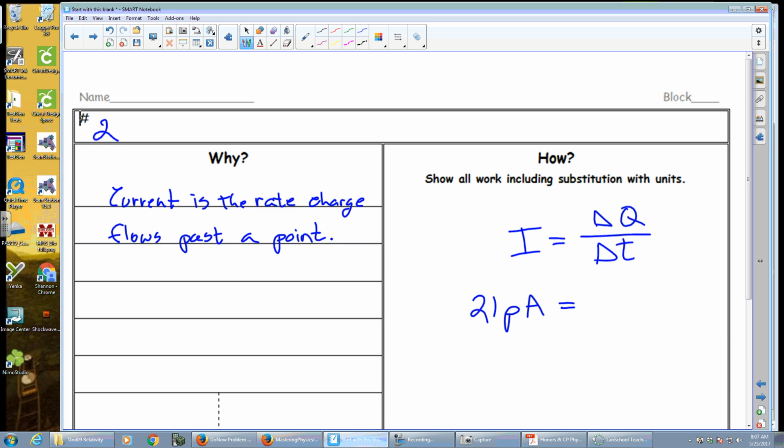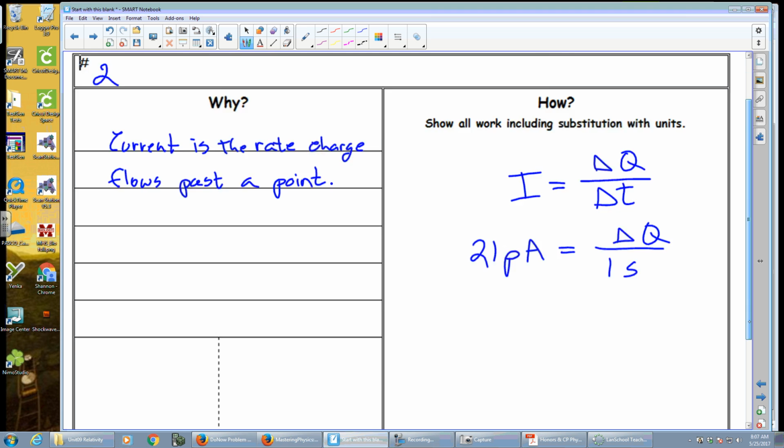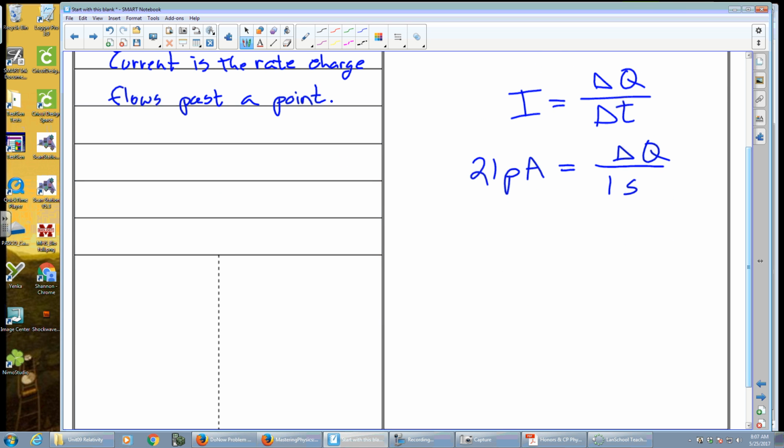So, I can leave this in terms, they say 1 second, the amount of charge. And I know that the amount of charge is, from previously, the charge on a single electron times the number of electrons. Right?